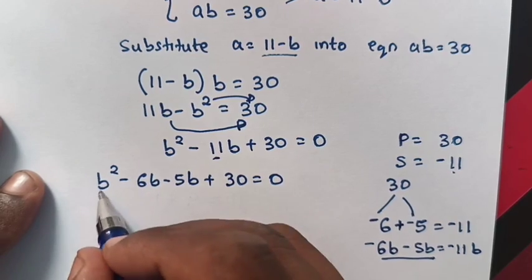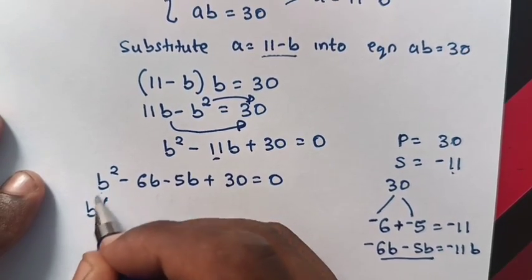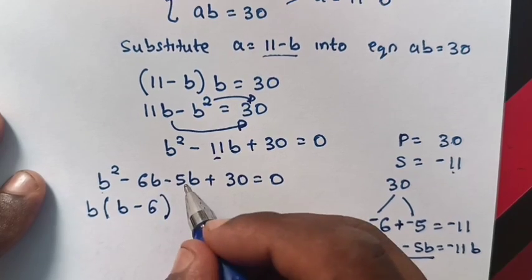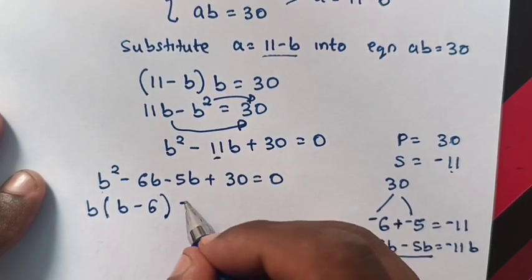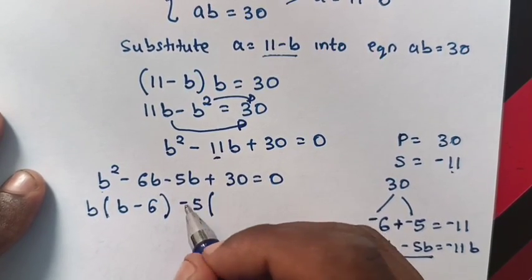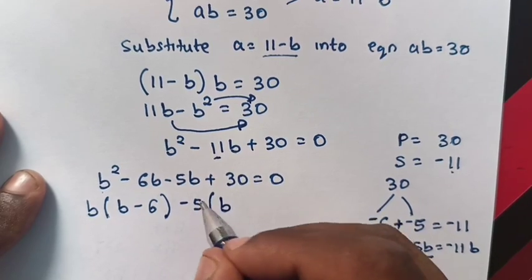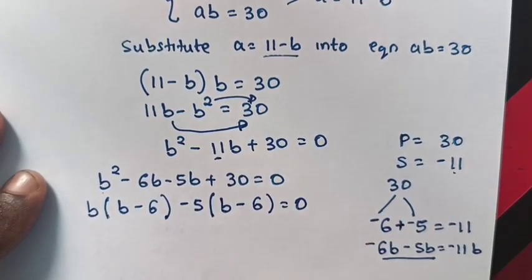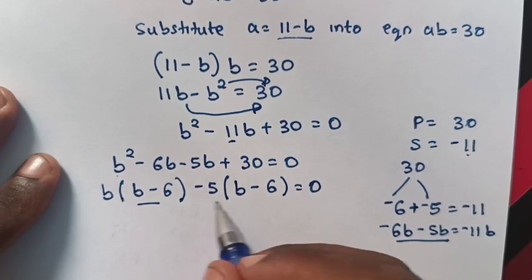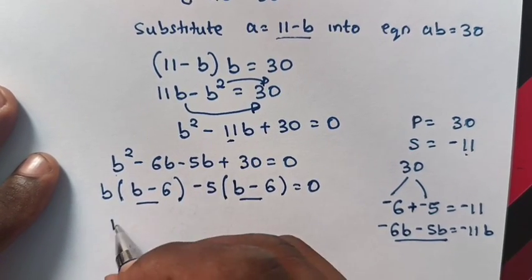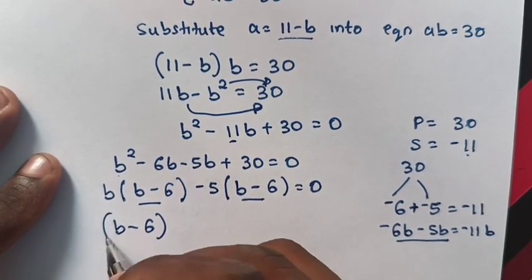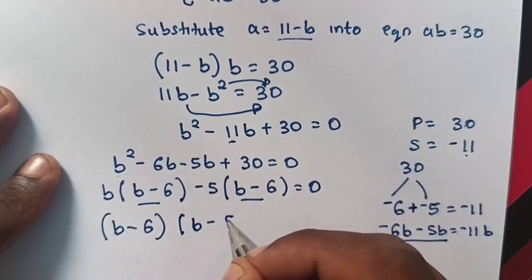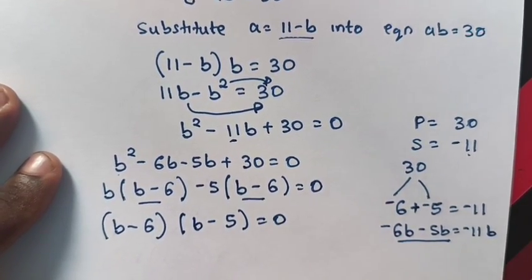Now here b is common, so b out of the bracket, this divided by this is b, minus this divided by this is 6. Here negative 5 is common, so this divided by this is b, this divided by this is minus 6, bracket is equal to 0. Now here b minus 6 is common, so it will be b minus 6 out of the bracket times b minus 5 is equal to 0.